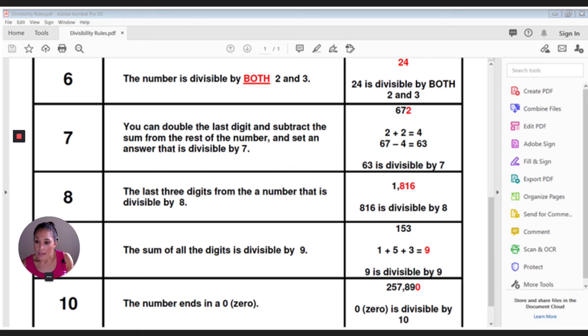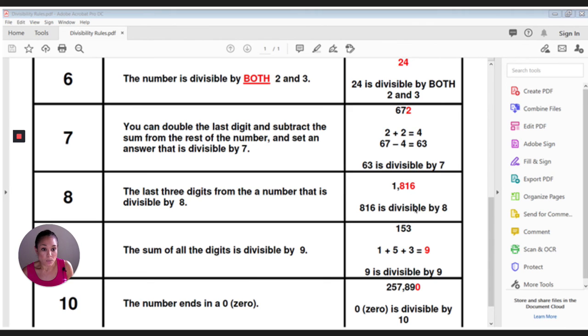So 8. A number is divisible by 8 if the last 3 digits of the number form a number that is divisible by 8. So 1,816. 816 is divisible by 8.